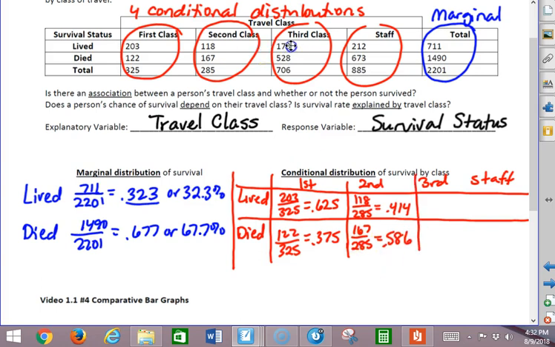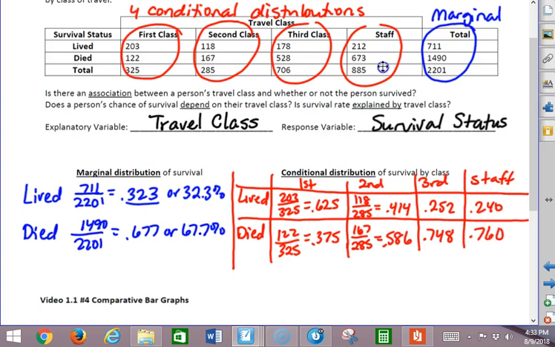In third class, it would be 178 over 706 and 528 over 706. So I'm just going to tell you what those turn out to be. This is 0.252 and 0.748. And for staff, it turns out to be 212 out of 885, 673 out of 885, or 0.240 and 0.760.